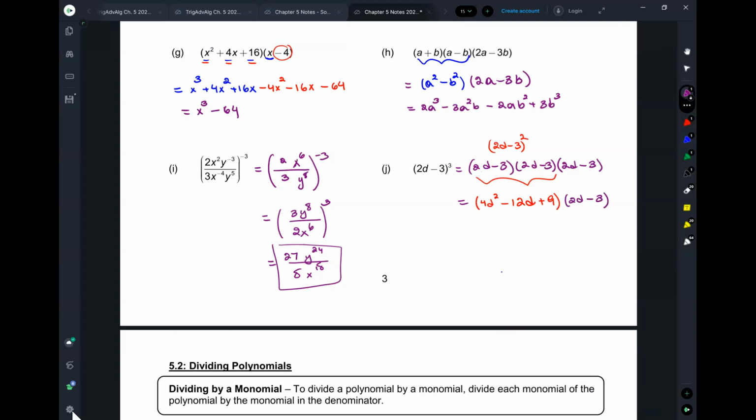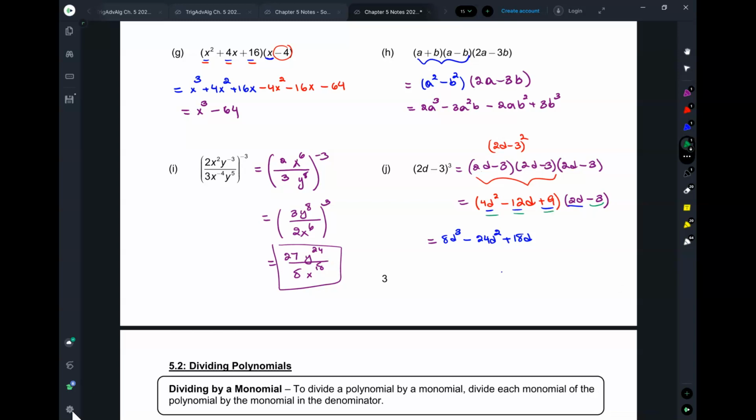So first let's multiply this 2d by everything here. That's going to be 8d cubed minus 24d squared plus 18d. And then I'm going to multiply this negative 3 to everything here, which is what?